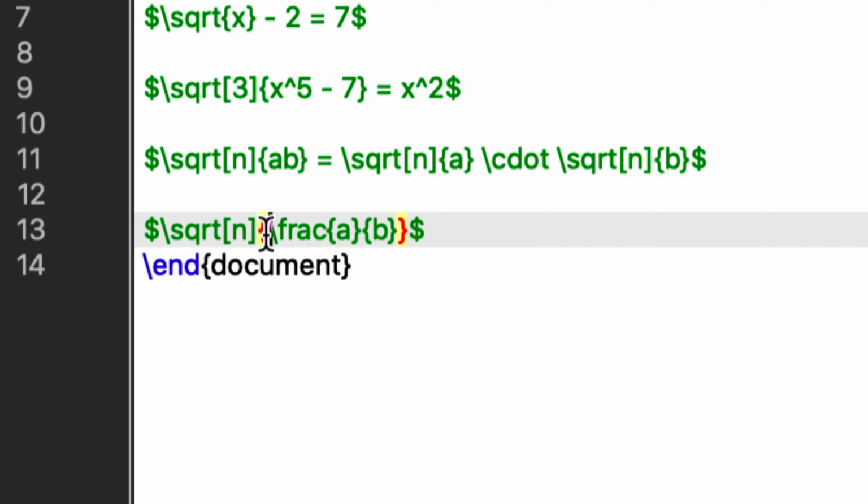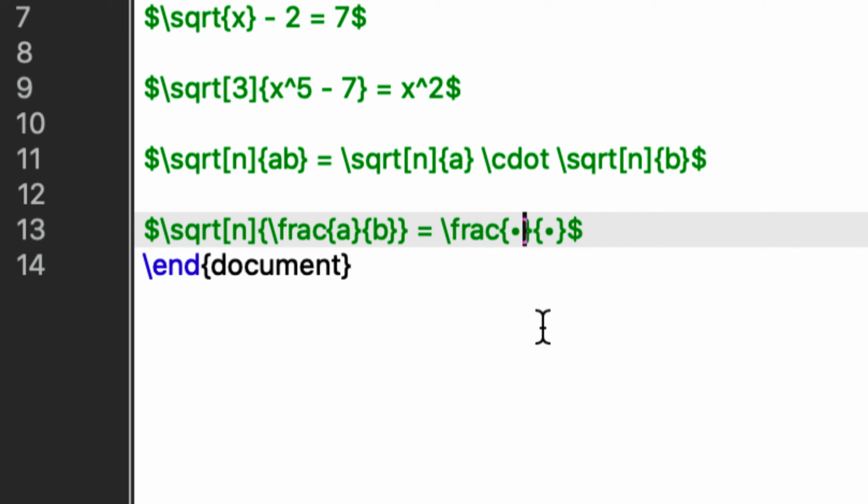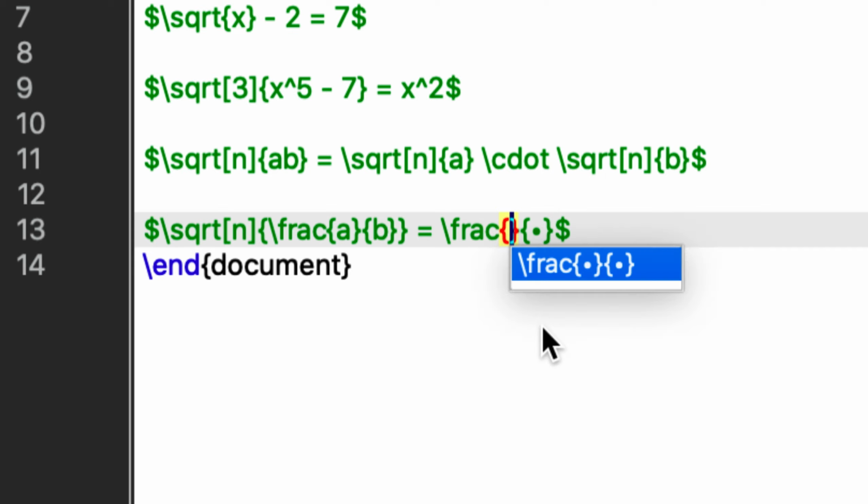So, sa loob nitong radical, ito yung radical, di ba yung nasa outer curly brackets, no? Ay meron tayong fraction na a over b is equal to, may fraction tayo ulit, tapos ang kanyang numerator ay radical. So, nakita yung pagkakaiba? So, since radical ito, magamit tayo ng square root.